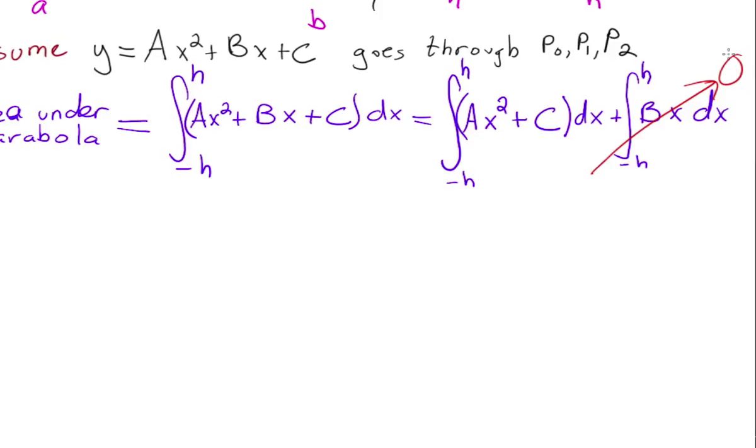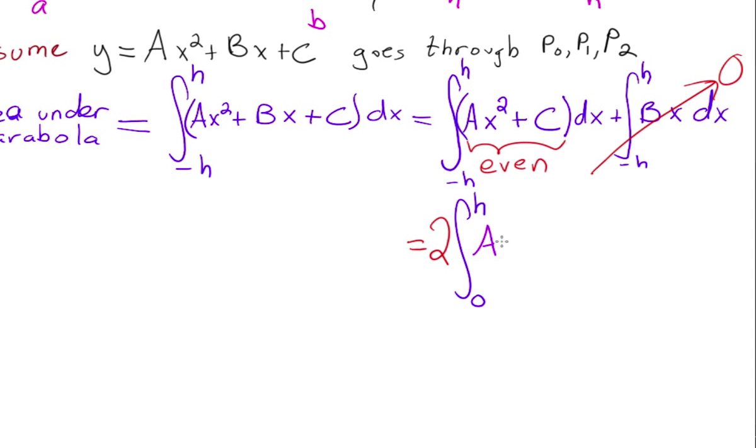Okay, and then on top of that, further simplifying matters. What do you notice about that one? It is even. Yes, it's even. Even, which means that the integral from negative h to h of this function is equal to 2 times the integral from 0 to h.